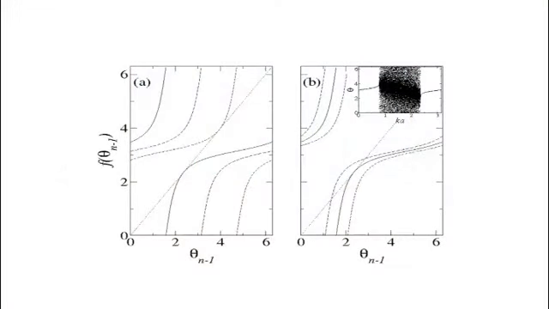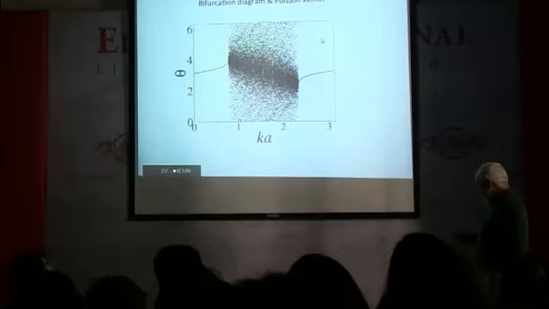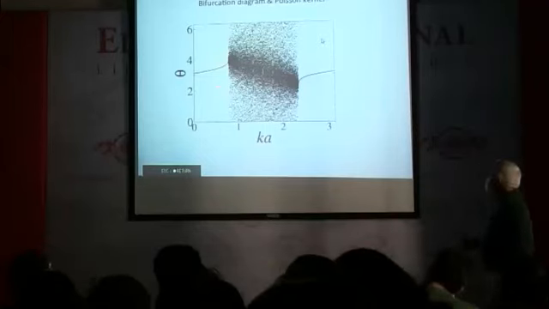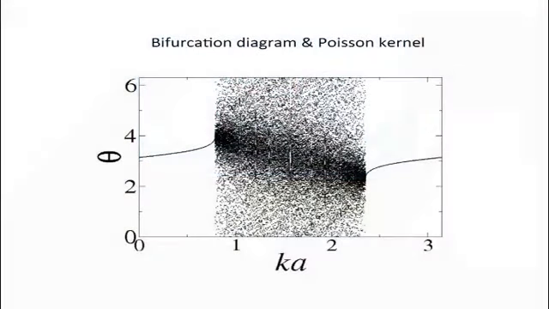This is the bifurcation diagram. And what does that tell us? It tells you that there are two types of regimes. You have one regime in which the attractor is a single value of the phase. That means all the phases are the same.